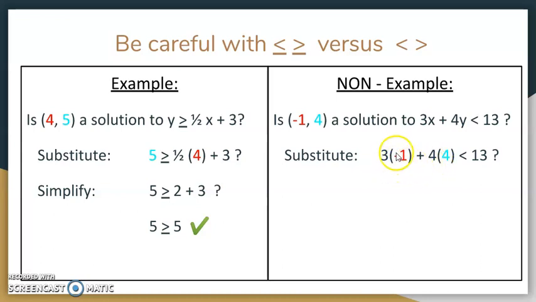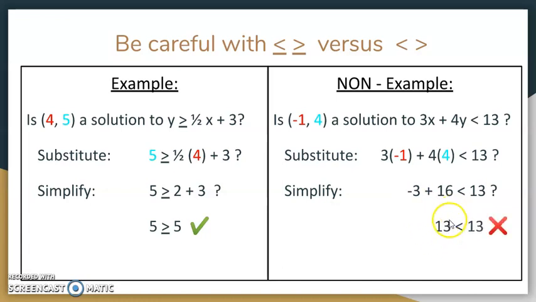I've got 3 times negative 1, negative 1 for my x value, 4 times 4, 4 for my y value, gives me negative 3 plus 16, and in this case I get 13 is less than 13. Now think about this. Why did I say this was a non-example? Why did I say this did not work? Well, because 13 is not less than 13. It is equal to it, but it is not less than. And that little sign right there makes a big difference.